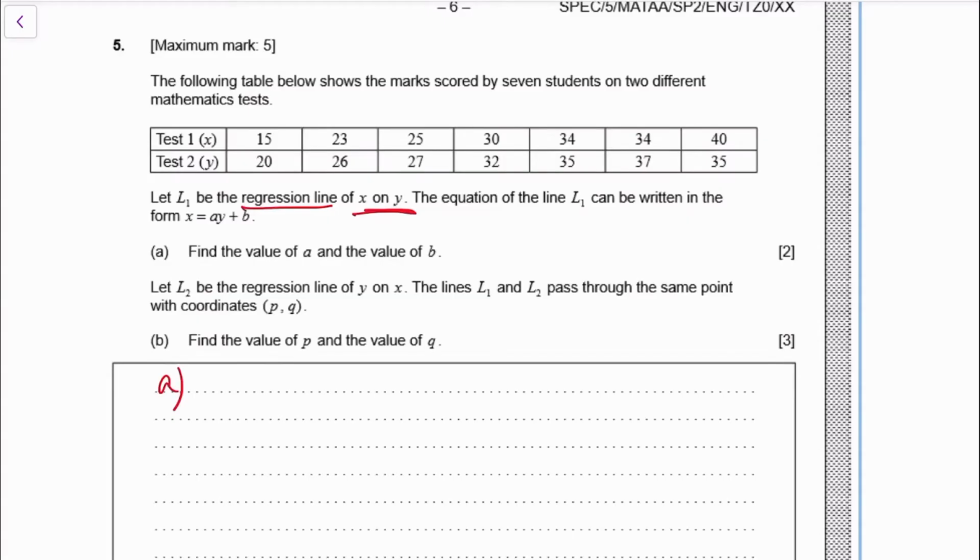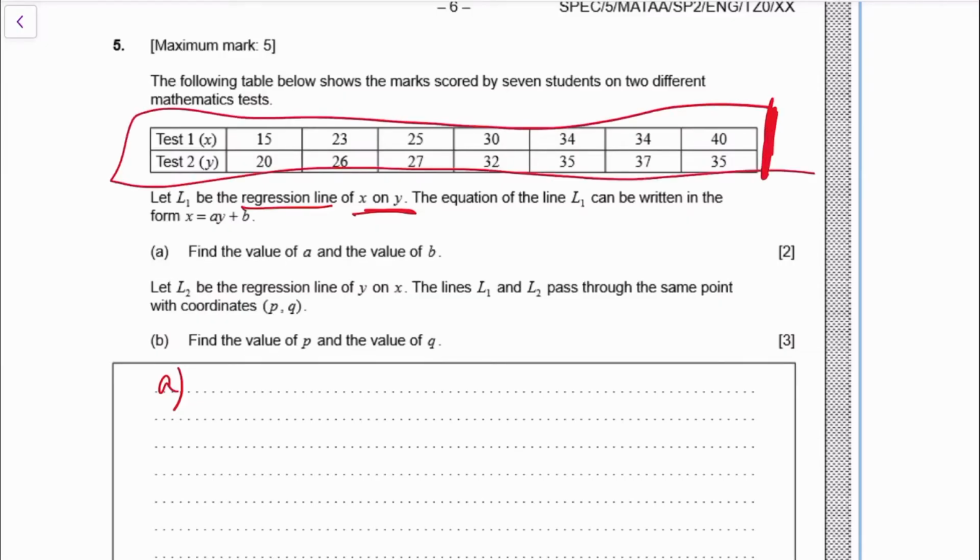So most likely with your calculator, you would first go to, mine is called a spreadsheet, somewhere you can input the data. So I'll do that. Input the x, then you input the y.